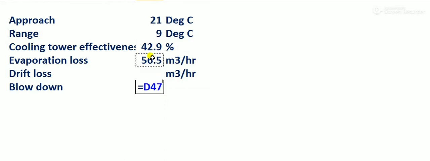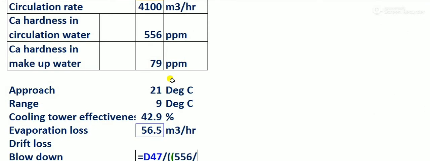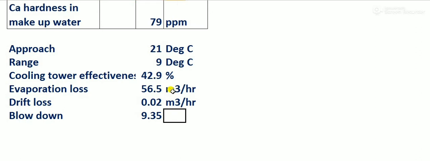Evaporation loss is 56.5 divided by COC, which is calcium hardness in circulation water 556 divided by calcium hardness in makeup water 79, minus 1.